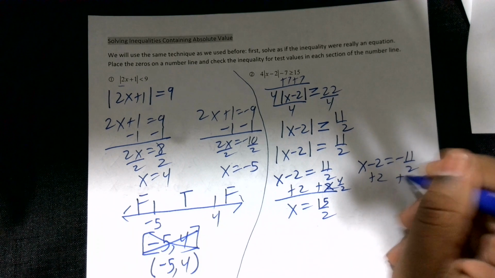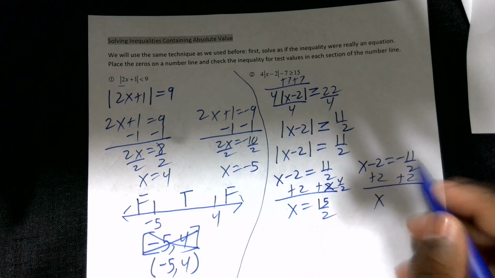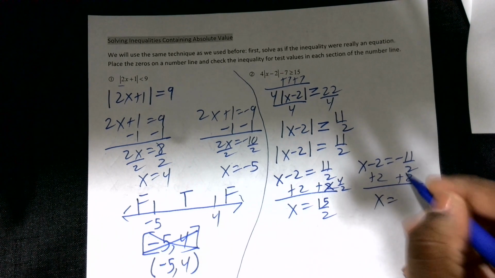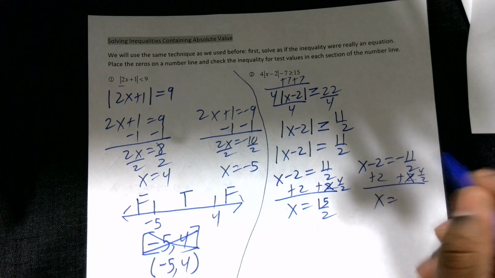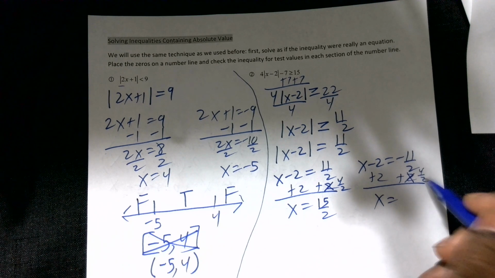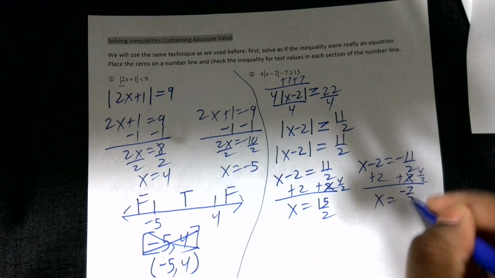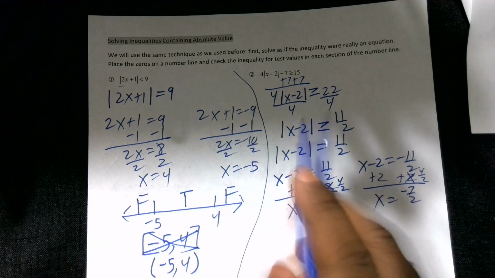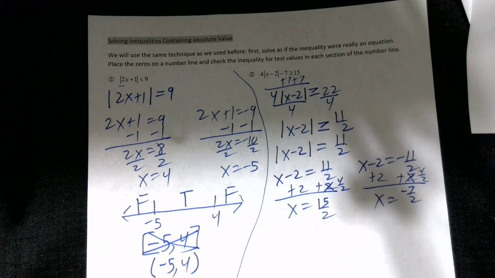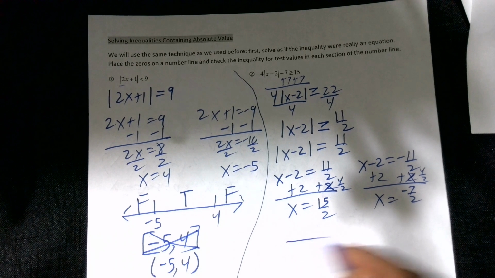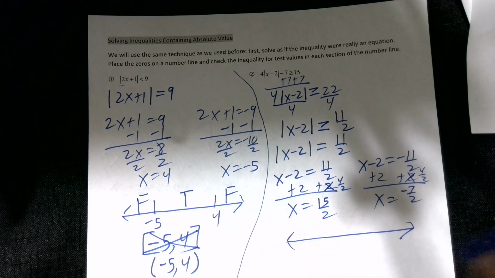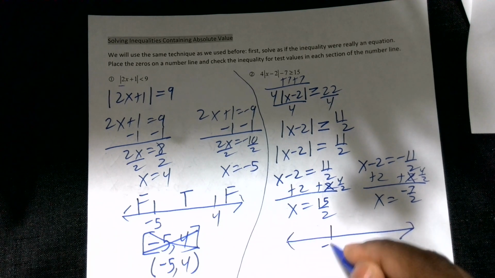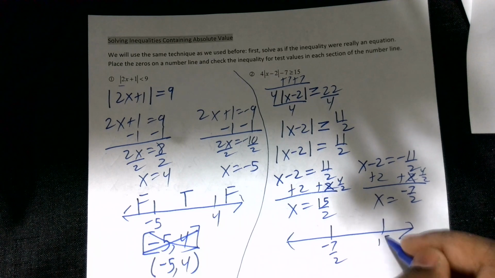Now we will add 2 on both sides here, and x is equal to, this 2 can also be rewritten as 4 over 2. Negative 11 over 2 plus 4 over 2 is negative 7 over 2. Now, since there are no fractions in this problem, nothing that would make it undefined, we will do our truth table. We will have negative 7 halves and 15 halves.